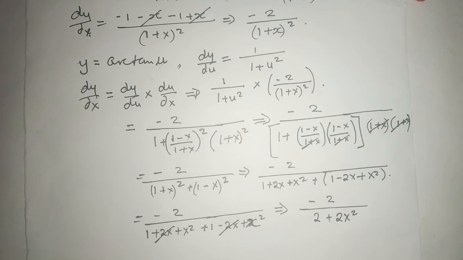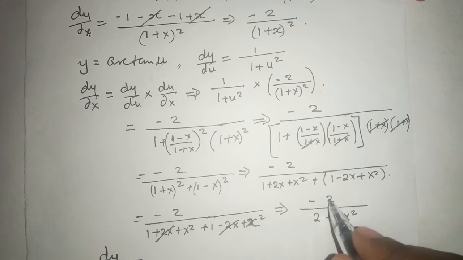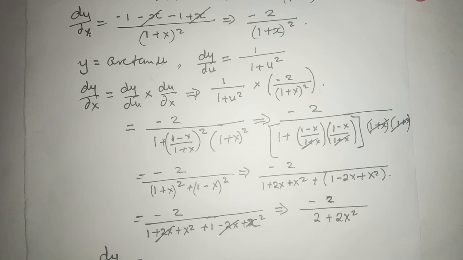All we have now is to clean it up, and we have our dy/dx equal to minus 2 all over 2 times (1 plus x squared).